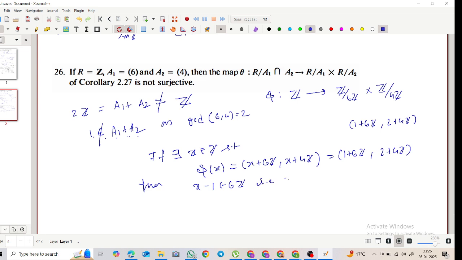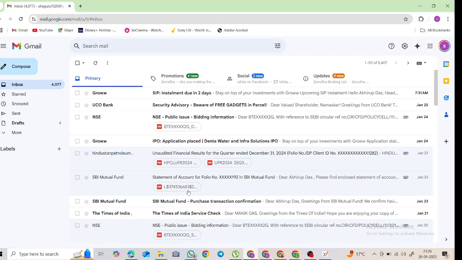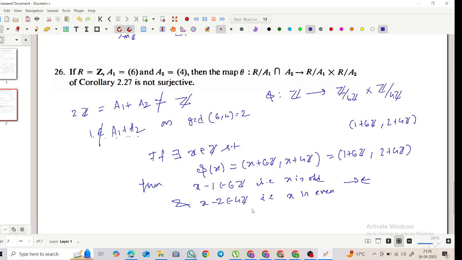That is x is odd, right? And x minus 2 belongs to 4Z, that is x is even. So which is a contradiction, huh? Okay.